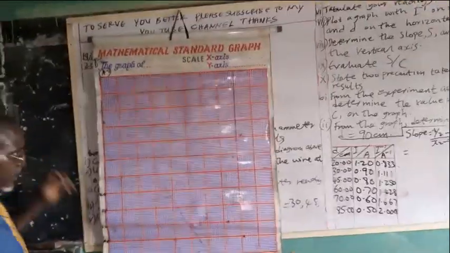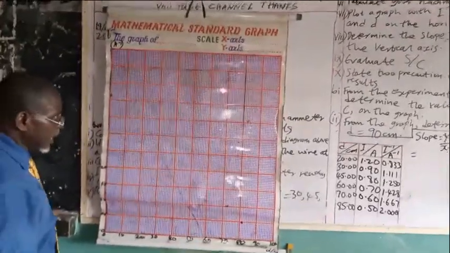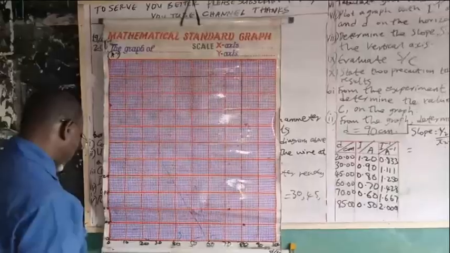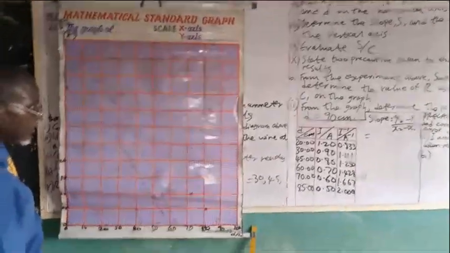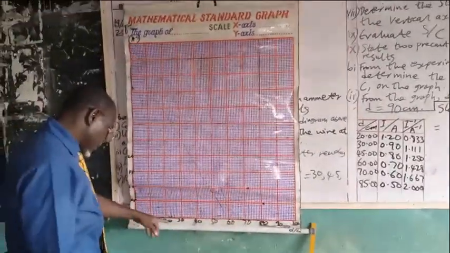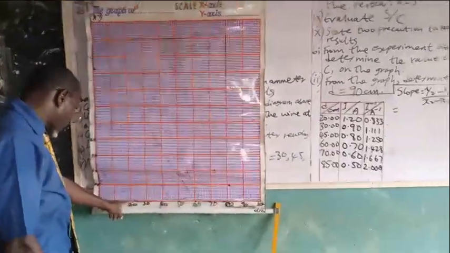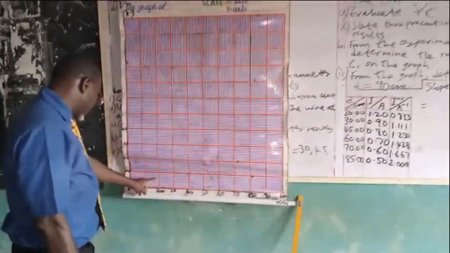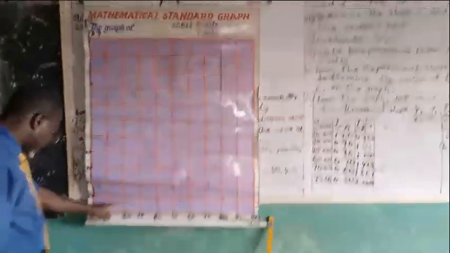Now we want to start when I inverse is 0.83 and D is equal to 20. This is 20 here, and 0.83 will be somewhere here.